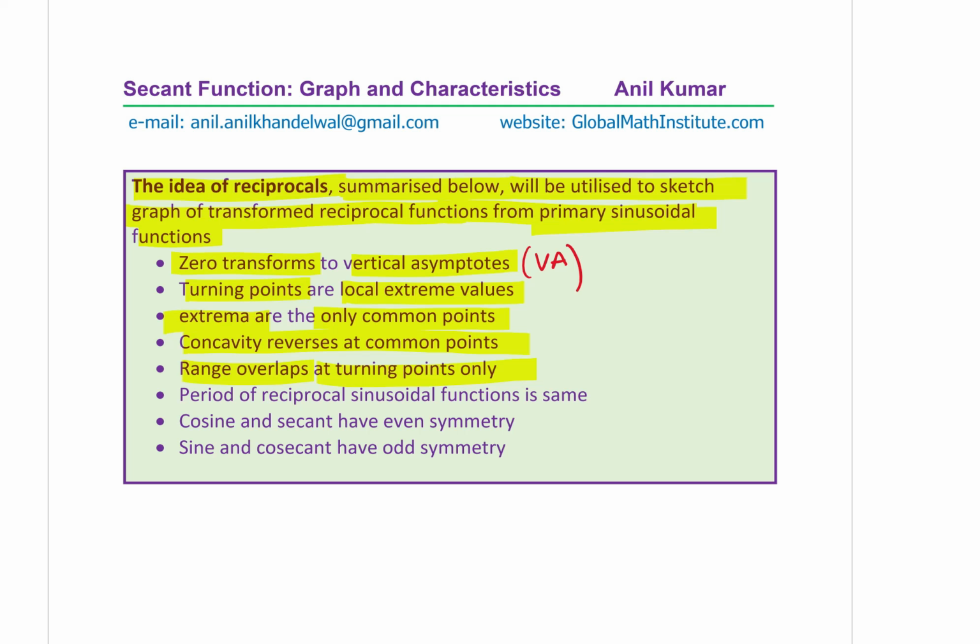Okay, now the period of a reciprocal sinusoidal function is exactly the same as that of the sinusoidal function, correct? Then cosine and secant have even symmetry, sine and cosecant have odd symmetry. So the symmetry is also maintained between the function and its reciprocal when we are talking about the sinusoidal functions.